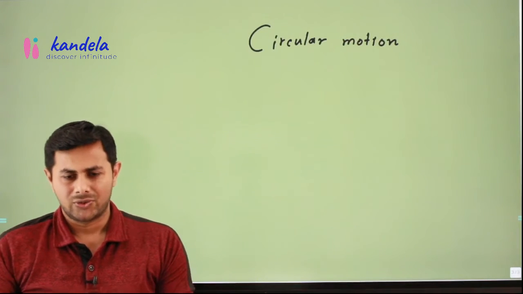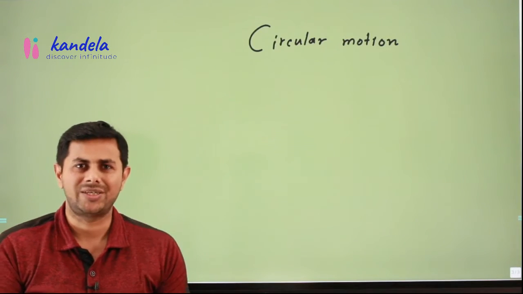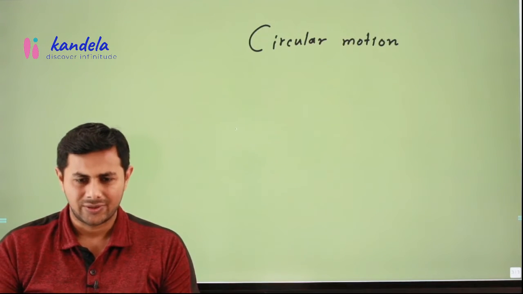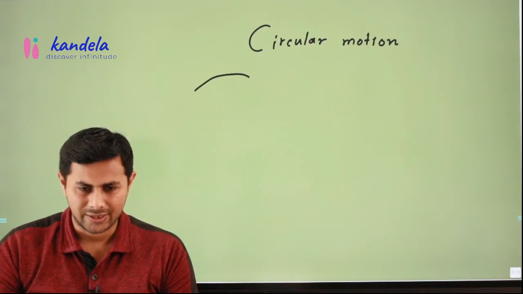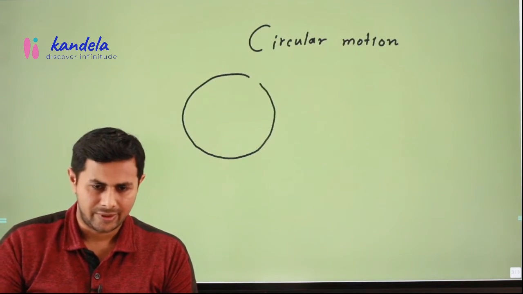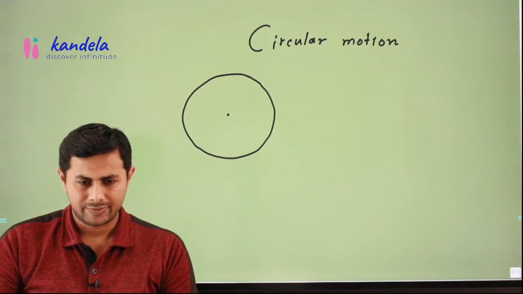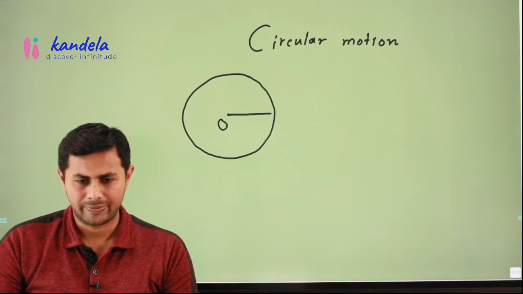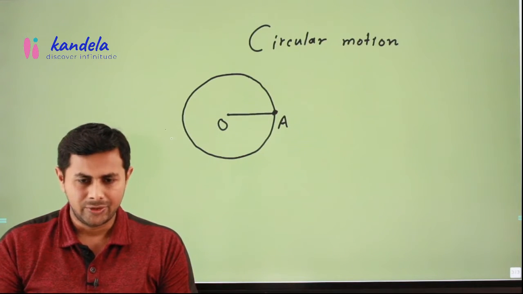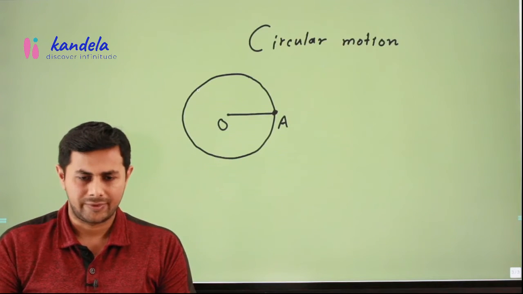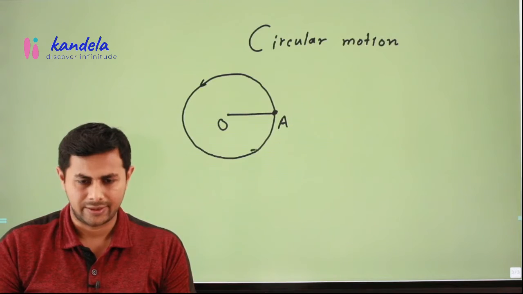Okay. So now let's define some quantities in circular motion. So let me try drawing a circle. Let's suppose that we have this particle at this point A and it moves along the circumference of this circle in anti-clockwise sense.